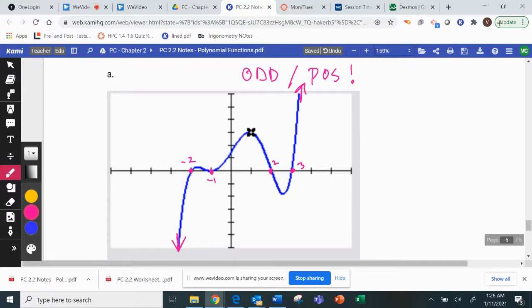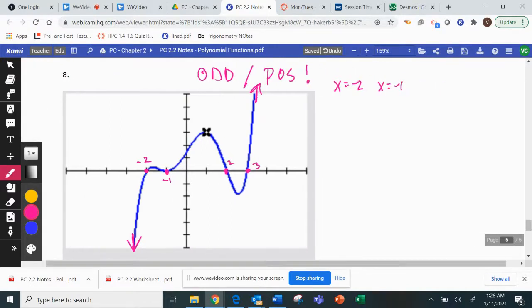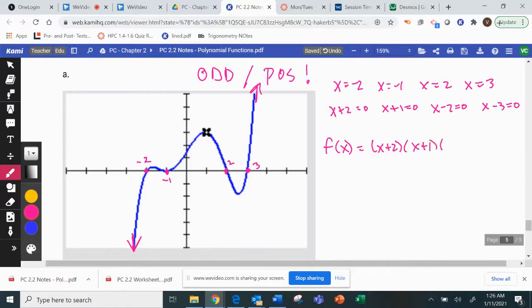So I start with my x equals -2, my x equals -1, my x equals 2, and my x equals 3. And I'm going to set those so they all say 0. And we've got f of x equals x plus 2, x plus 1, x minus 2, x minus 3.